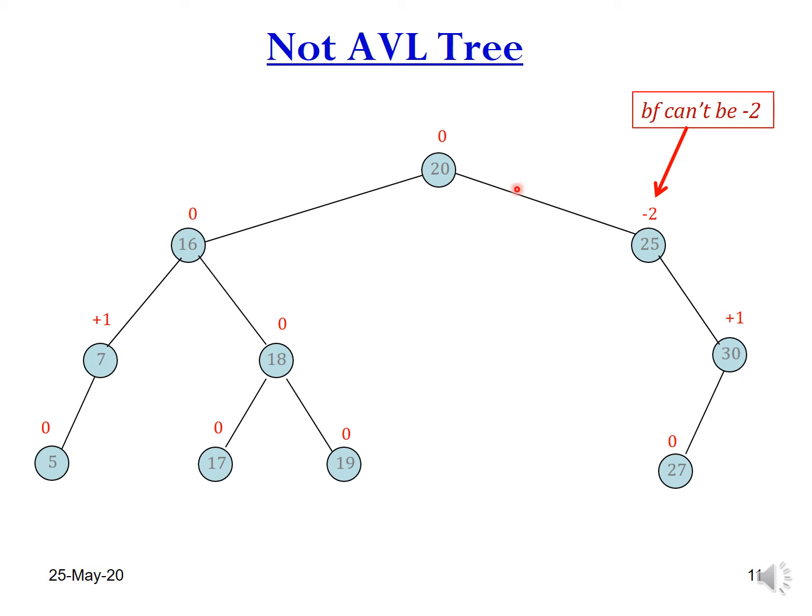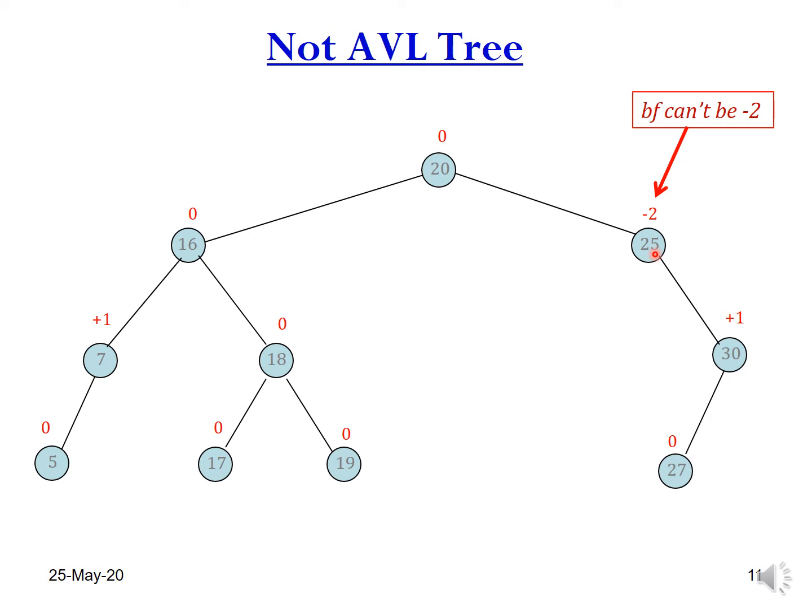So we can see here the balance factor of this node is 0, and the balance factor of this node is also 0, because the difference of the height of the left subtree and the right subtree is 2 minus 2, which is 0. But here the difference is 0 minus 2, because the height of the left subtree is 0 and the height of the right subtree is 2, so it comes out to be minus 2, but the balance factor can't be minus 2.